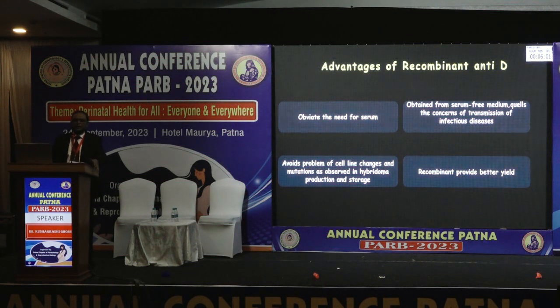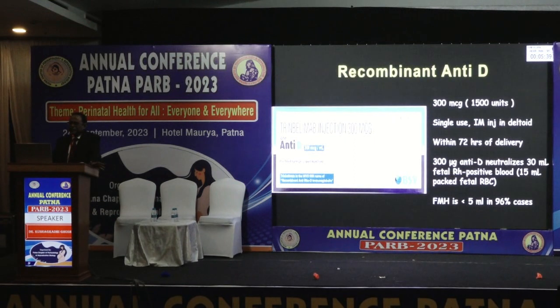So that is what is called batch-to-batch inconsistency, though that is much less compared to polyclonal antibody, but still monoclonal antibody has some of that effect. But this recombinant anti-D does not have that. And recombinant provides better yield also, because you can produce in the lab in whatever quantity you feel like. So this is the recombinant anti-D, 300 microgram, which in units is 1500 units.